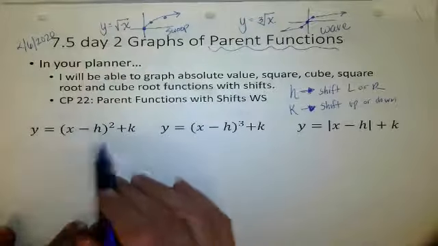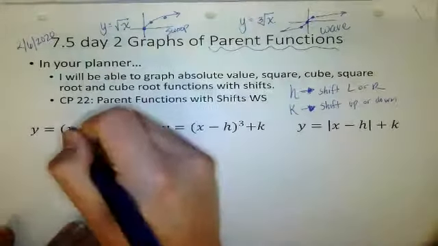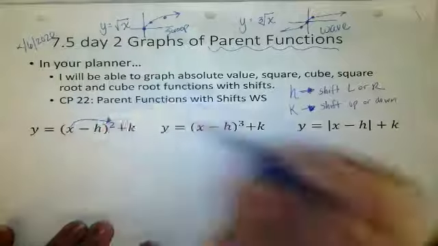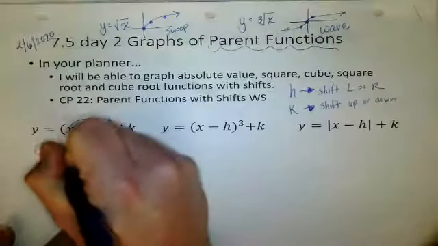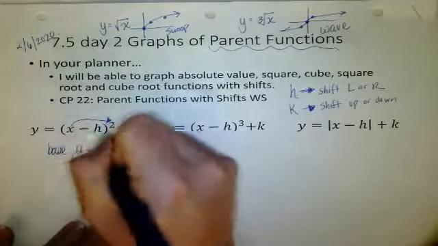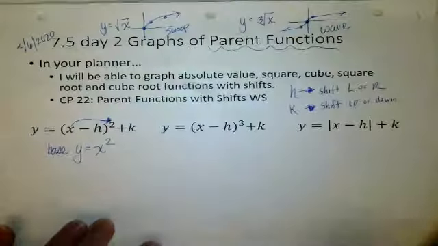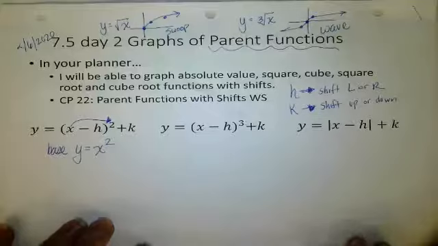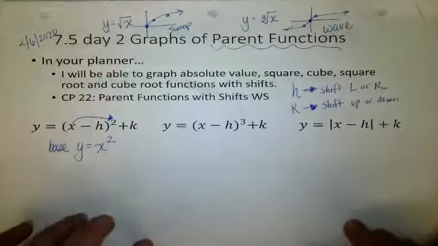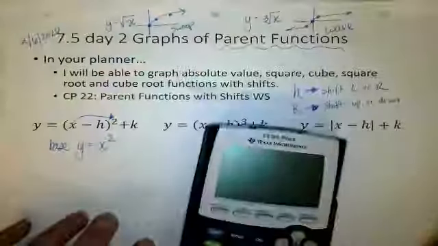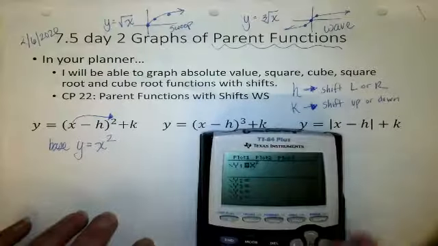So this first function says it's x being squared. So the base function is y equals x squared. Does anyone know what y equals x squared looks like? Well, if you didn't know, you could graph it in your calculator. There it is.